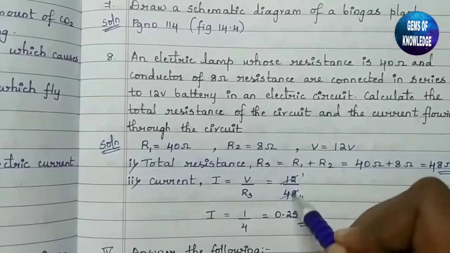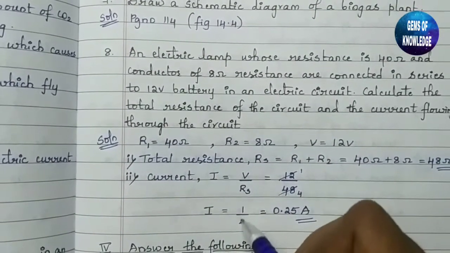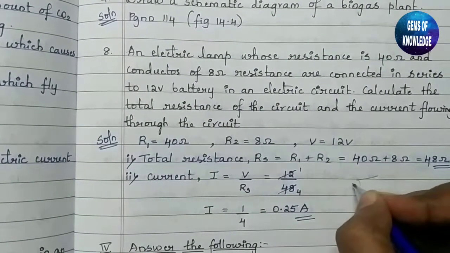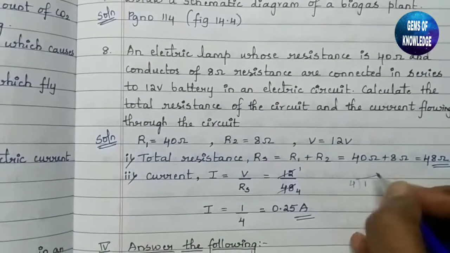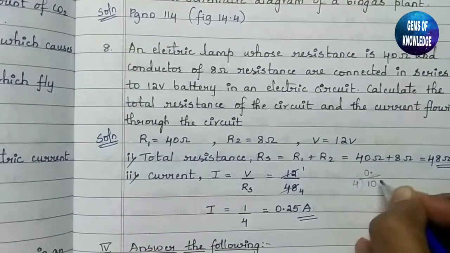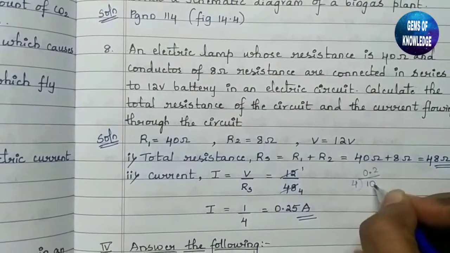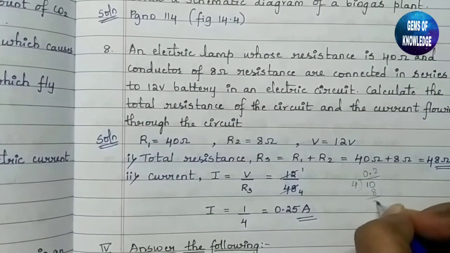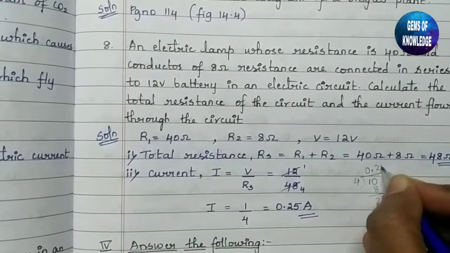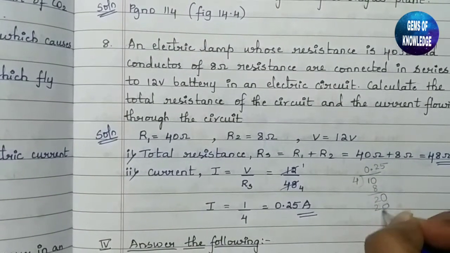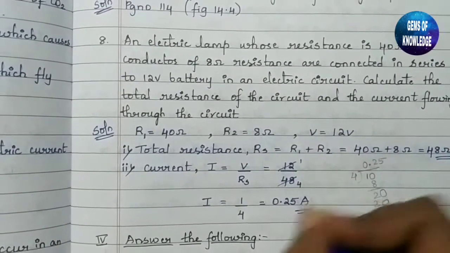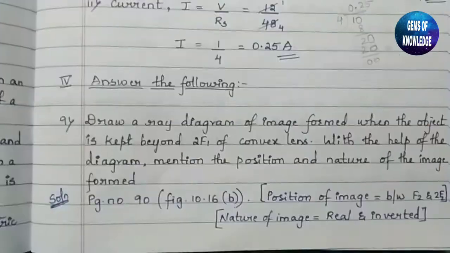So 12 ones are 12, 12 fours are 48. We are left with 1 by 4. If you divide 1 by 4, put 0 point and take one 0. 4 twos are 8, then 2 will be remaining, and if you take one more 0 it becomes 20, and 4 fives are 20, and the remainder will be 0. So you are left with 0.25 ampere.